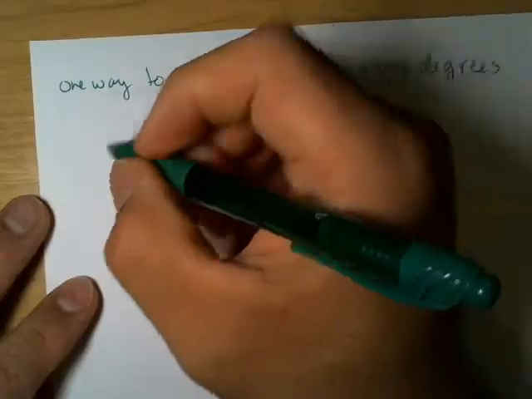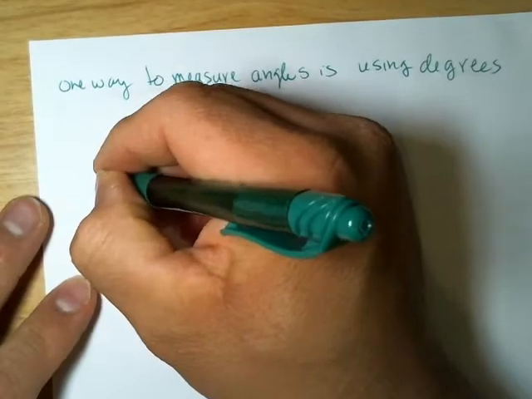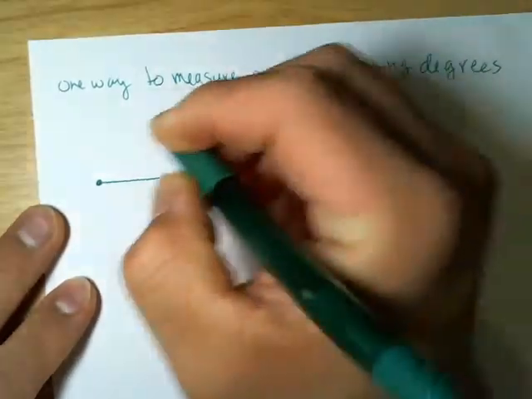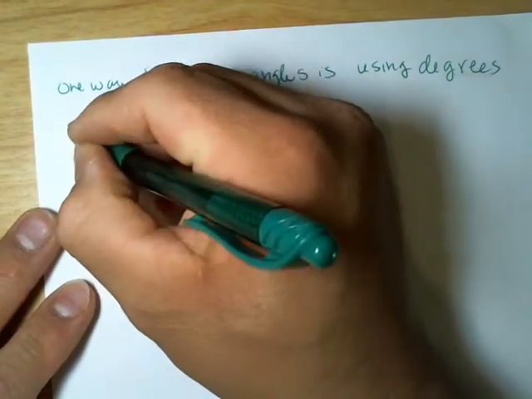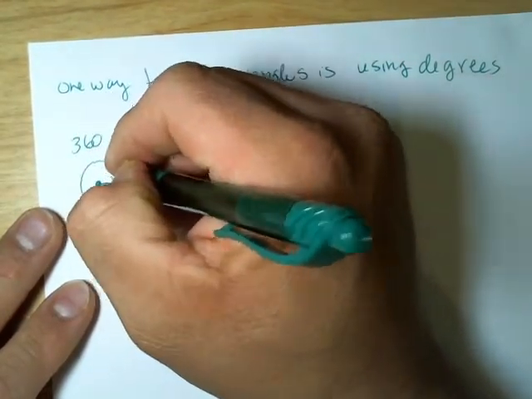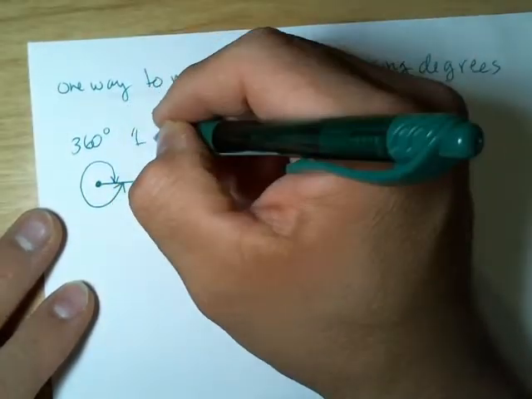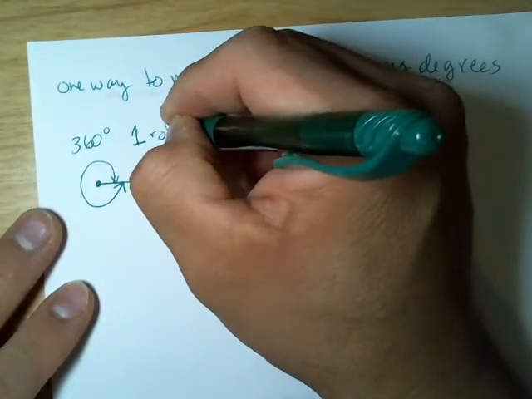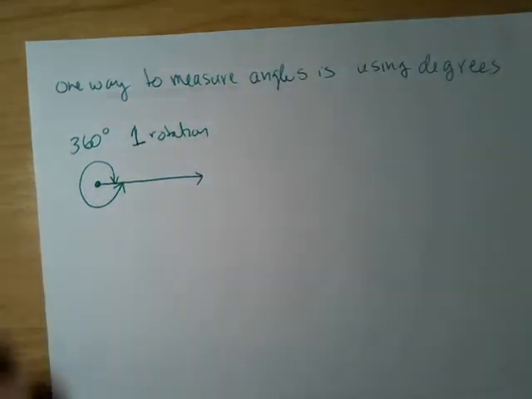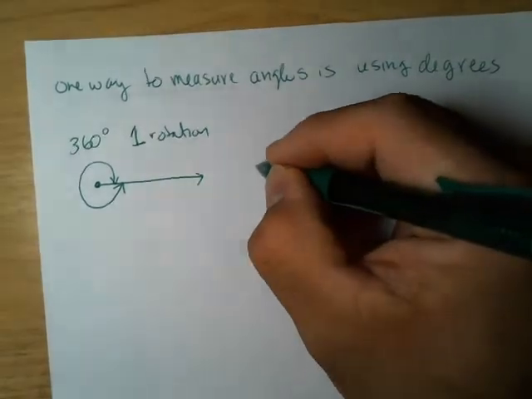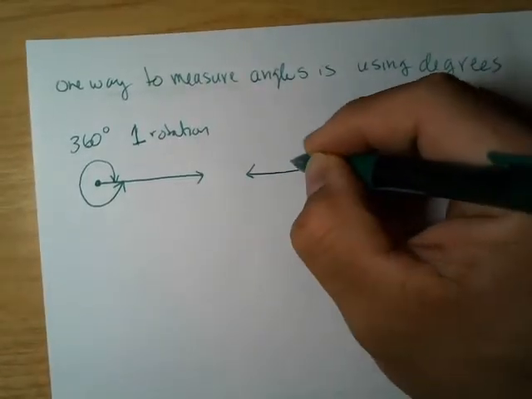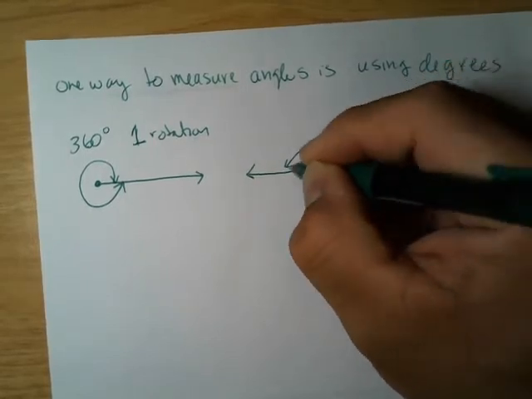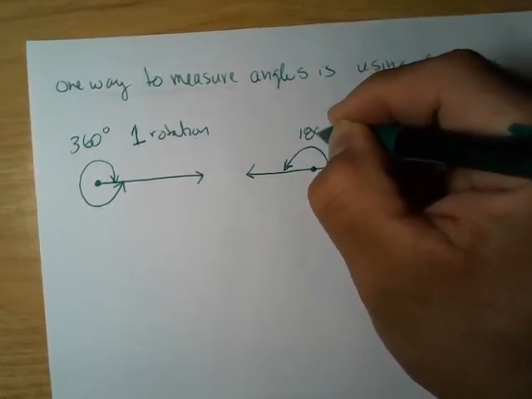So 360 degrees is one rotation, which would be the case where one ray is on top of another. Now the straight angle would be 180 degrees.